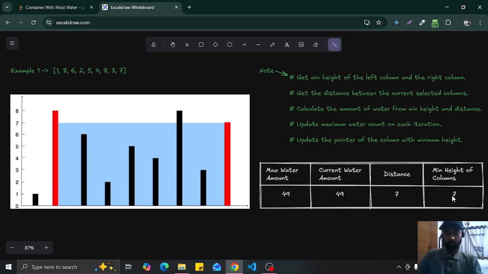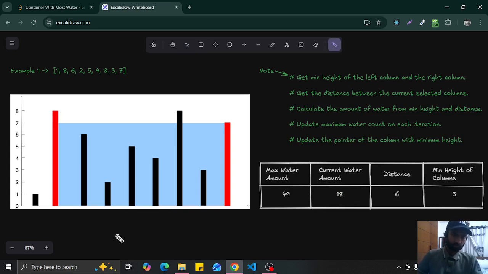So the minimum height is going to be 3, and with the left pointer pointing here and the right pointer pointing here, the distance is 1 2 3 4 5 6. So 6 into 3 is 18.